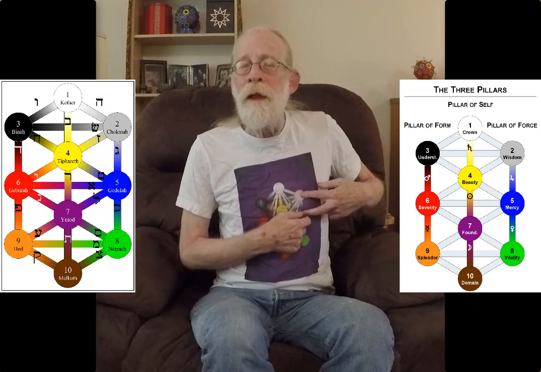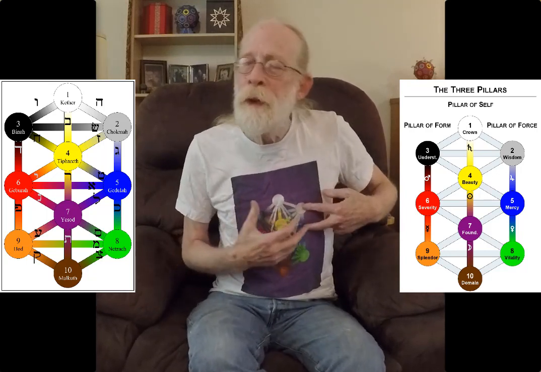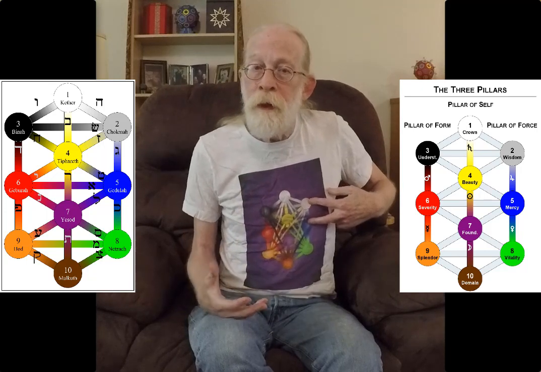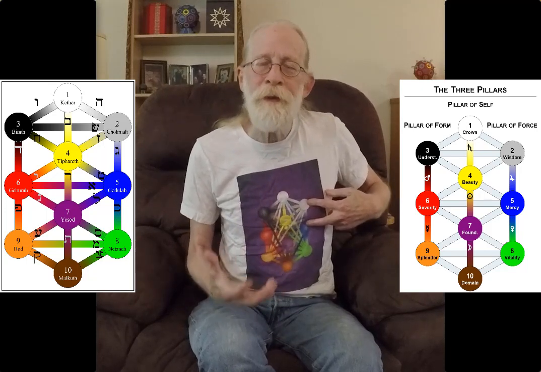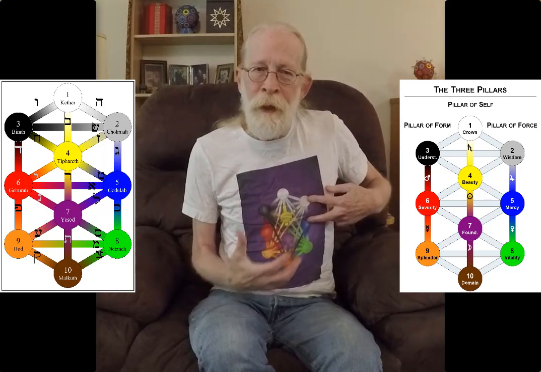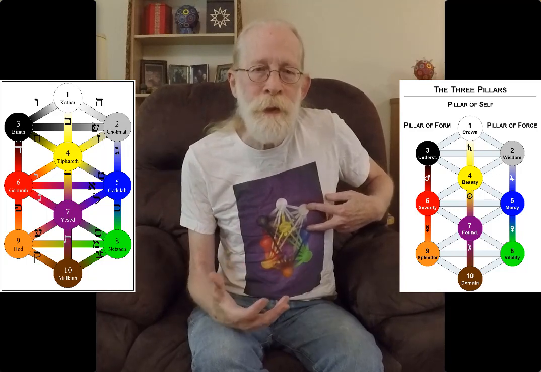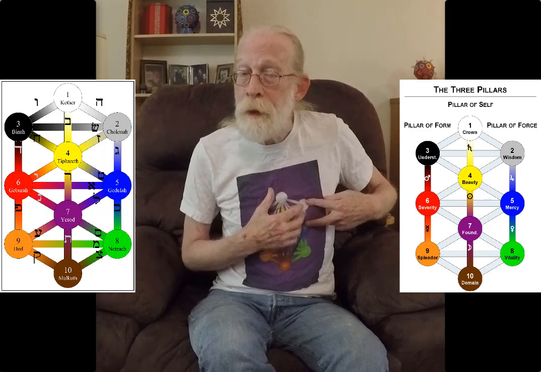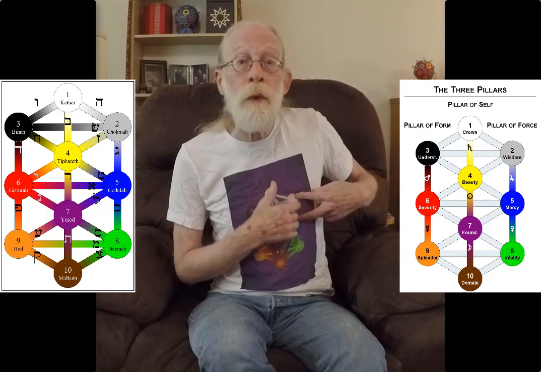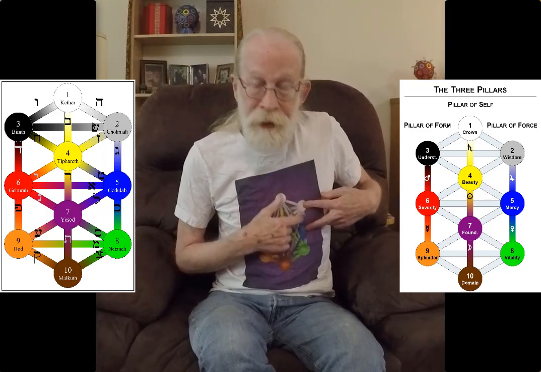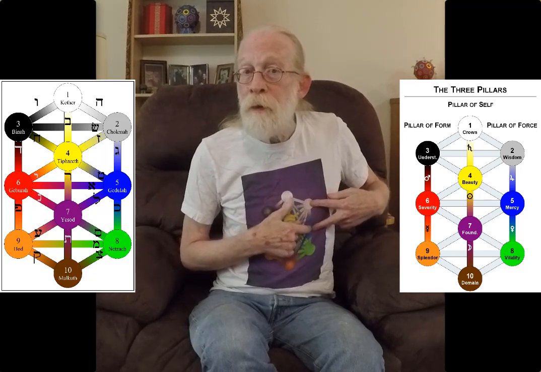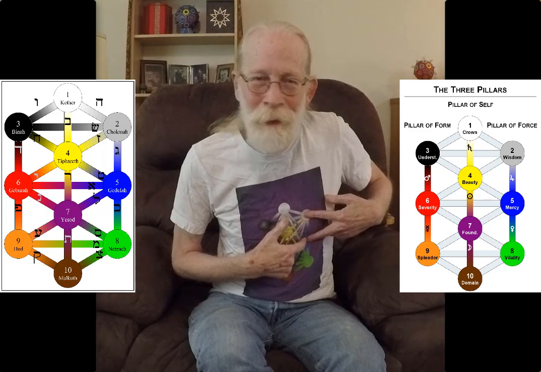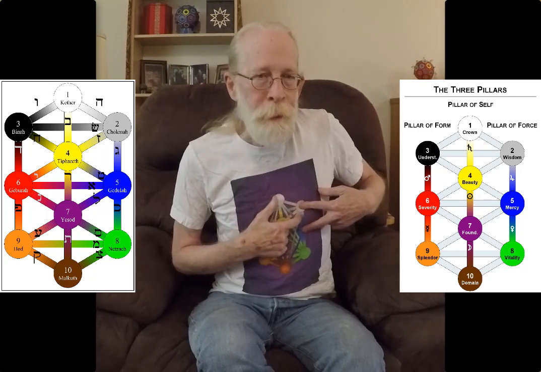So to assign Jupiter to Gedula is an error, and you cannot fully comprehend the Sephirot if you assign the planets to them. Likewise, you cannot fully understand the role of the planets, the essential meaning of the planets, if you assign them to the Sephirot, because they're not Sephirot, they're the planets.